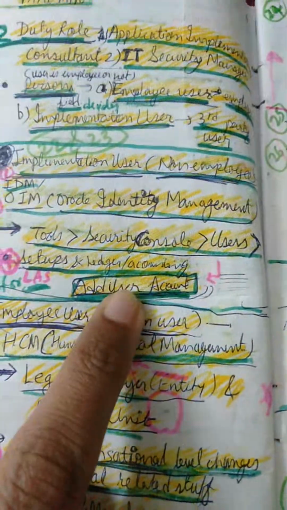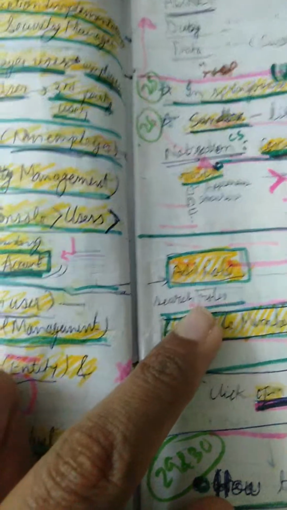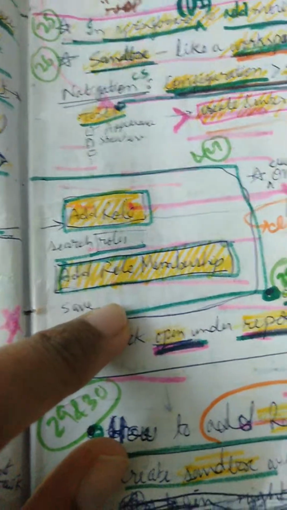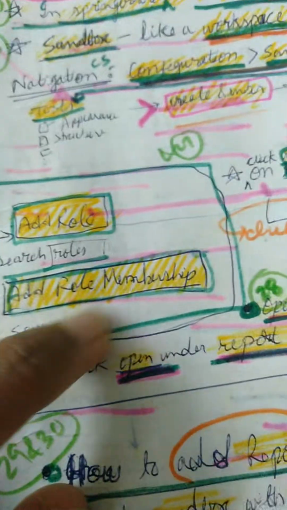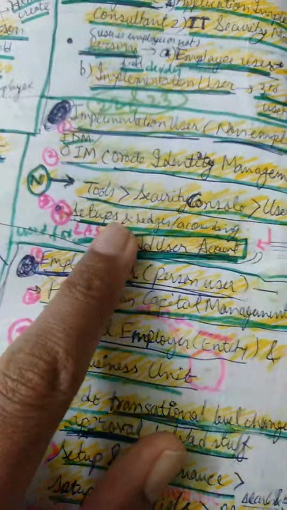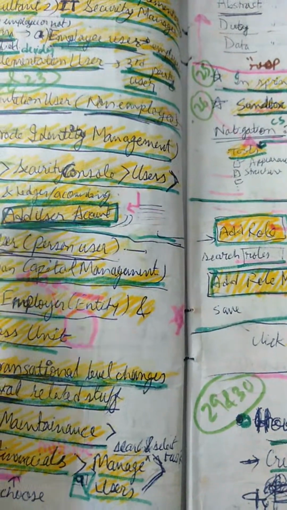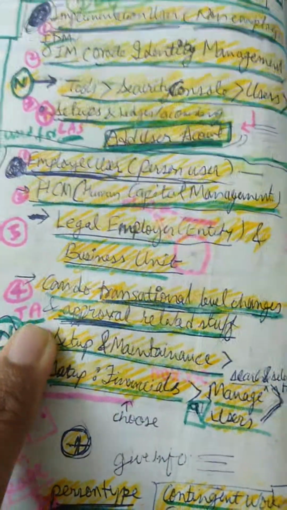Here we'll fill up the details. Then if I want to assign any role, we'll go for add role and search for it, see all the roles available and click on add role memberships. So this is the navigation for implementation. Now one of the differences between the two is that an employee user is used for transaction and approval related stuff.